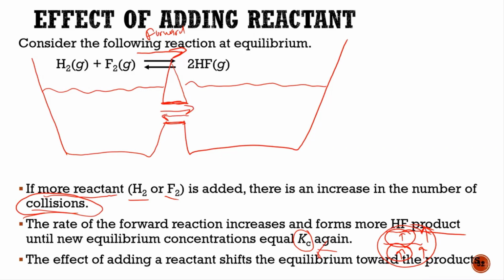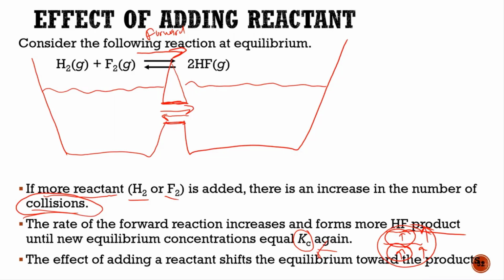Does that make sense? So equilibrium means the movement in the forward and reverse direction are the same, just like two troughs of water connected with a tube.